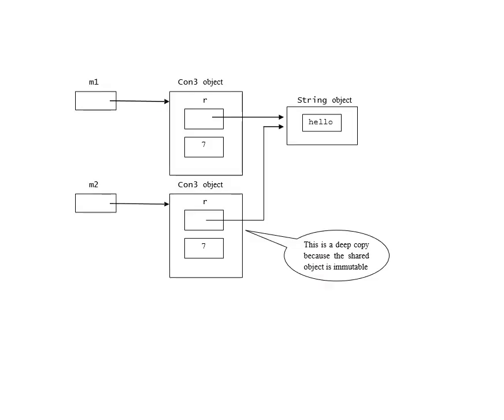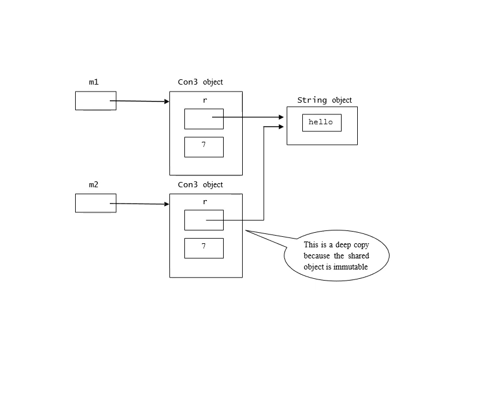And why? Even though we're sharing this string object, it's a deep copy because this string object is immutable. So there's no way, using M1 to get into the con3 object, and then using R to get into the string, you can't change the string. So they really have no potential, even though they're sharing something.